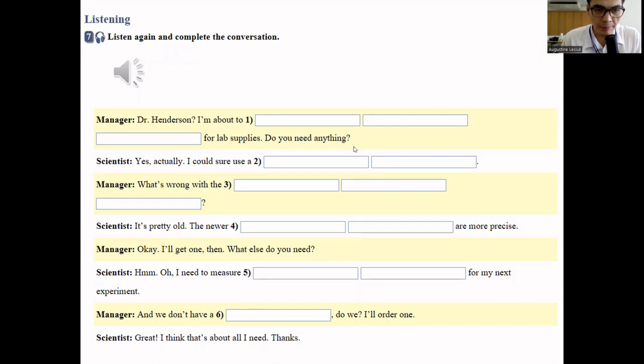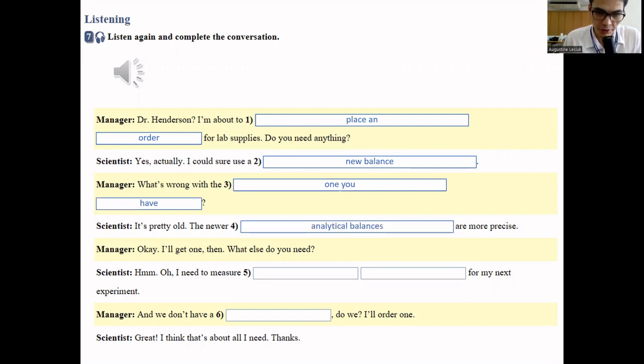Dr. Henderson, I'm about to place an order for lab supplies. Do you need anything? Yes, actually, I could sure use a new balance. What's wrong with the one you have? It's pretty old. The newer analytical balances are more precise.